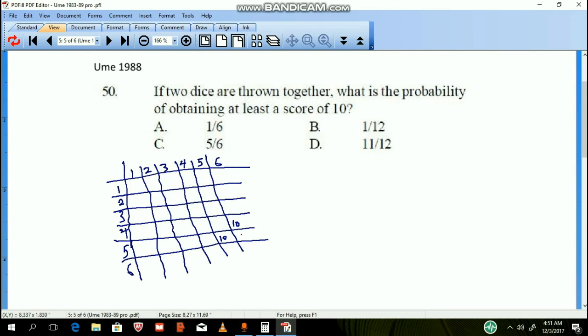This will be 11. If I add this one, it will be 10. This will be 11. This will be 12. So how many are there? There are 1, 2, 3, 4, 5, 6. 6 in number. That will be 6 over the total possibility, which is 36, which will be 1 over 6. And that is option A.